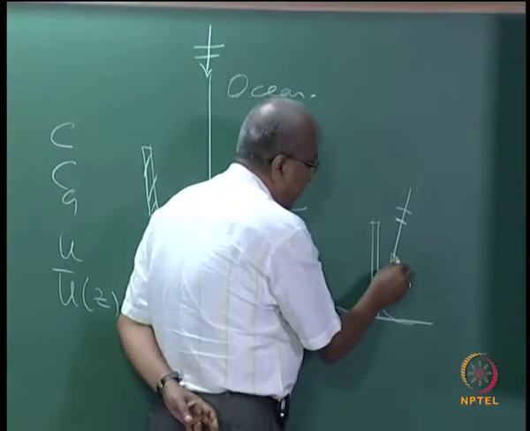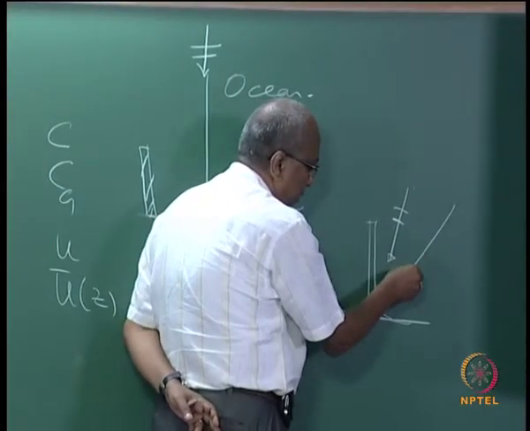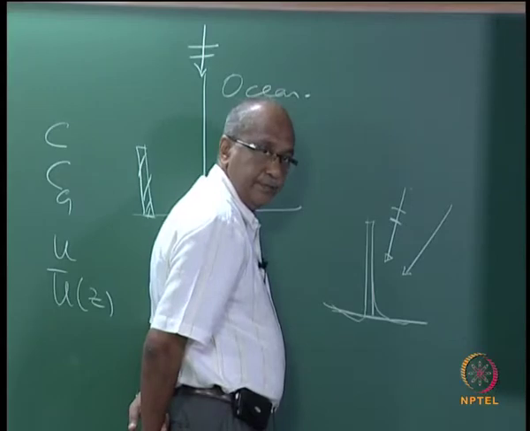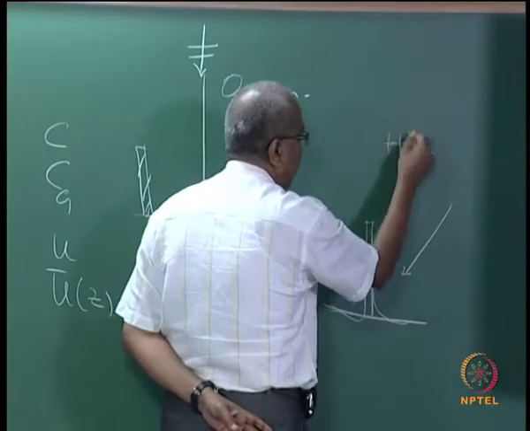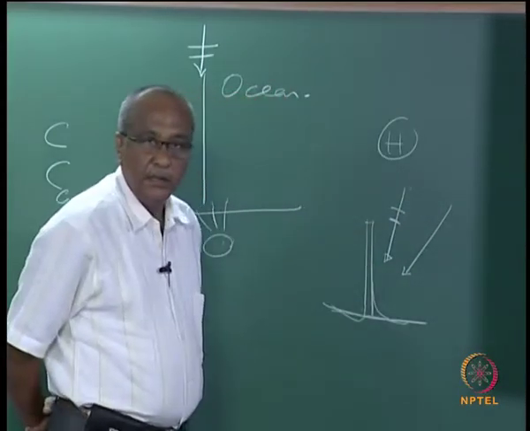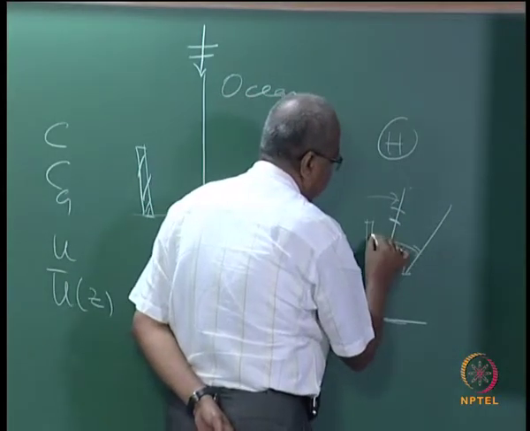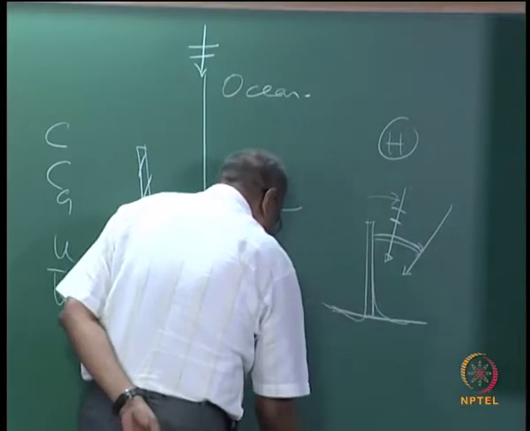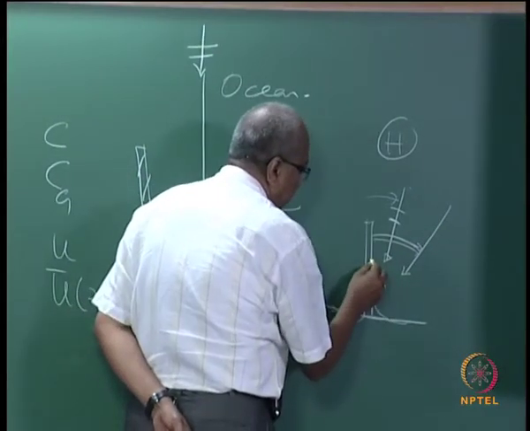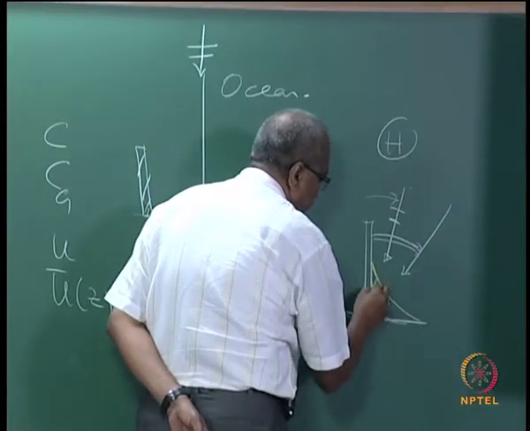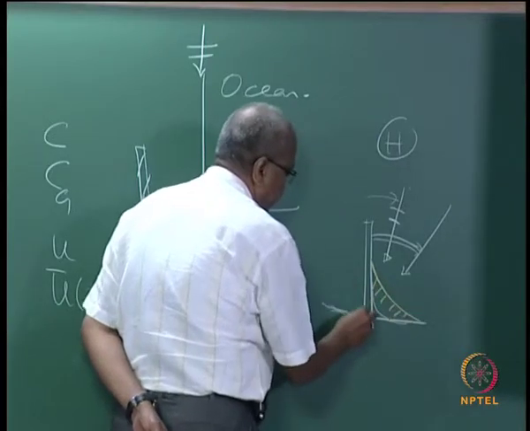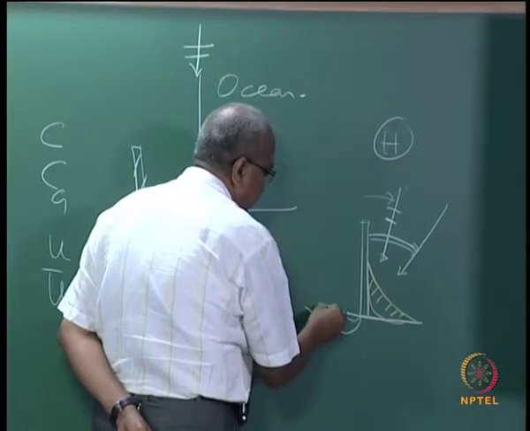Suppose this angle is more. I am keeping h constant and changing only the angle. So if the angle is more, then the deposition will be more, and similarly the erosion can also be more.